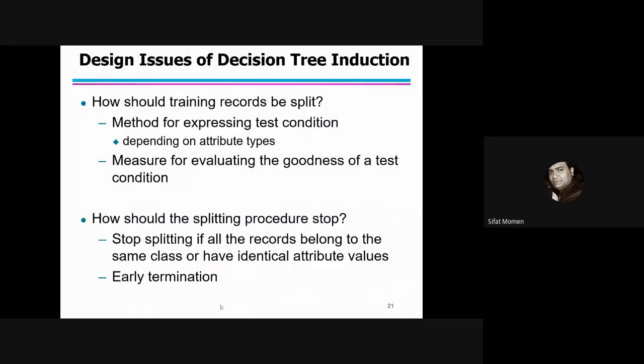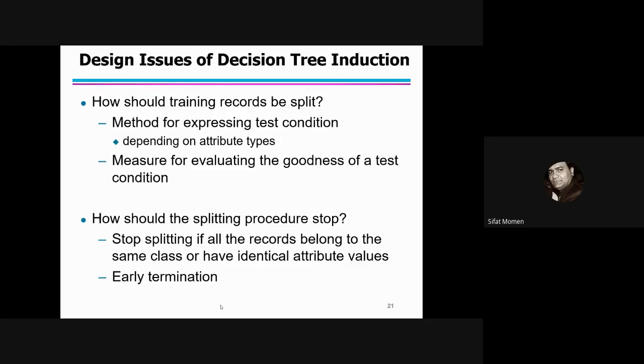Okay, here are the design issues of decision tree induction. First of all, how should the training records be split? Which attribute am I using to split it? This is a very important question. Second, how should the splitting procedure stop?